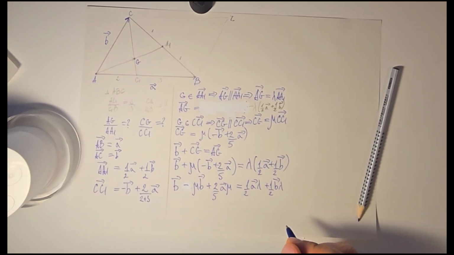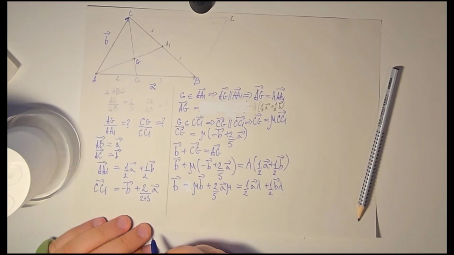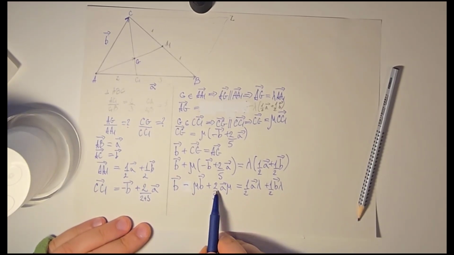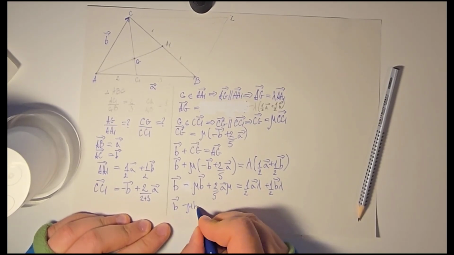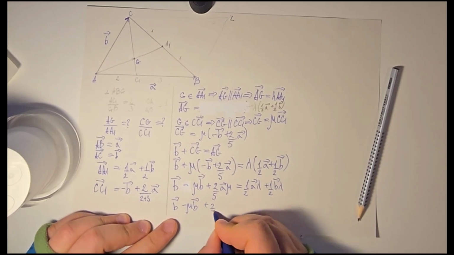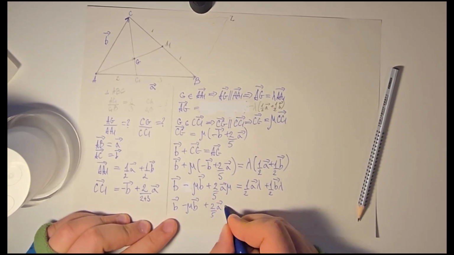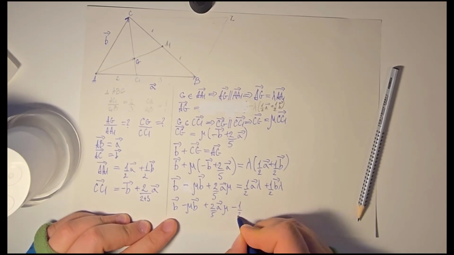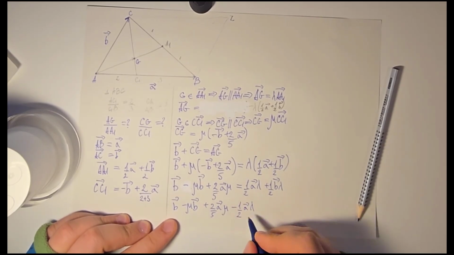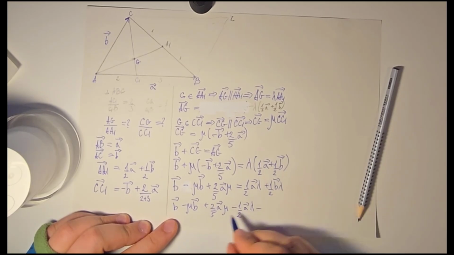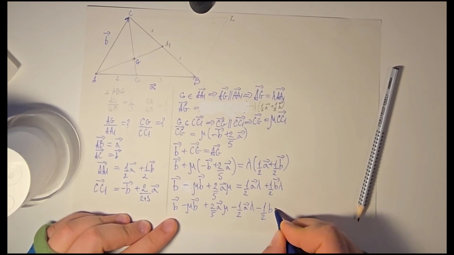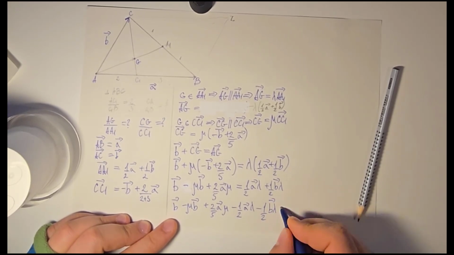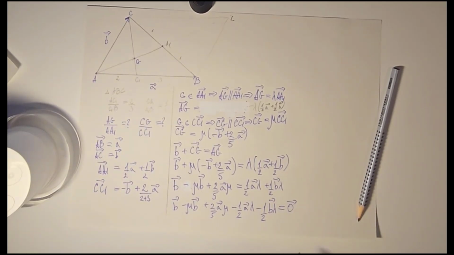So how do we write this thing? That's a good one. We would move this one to the left, so it would be B minus mu B plus 2/5 A mu minus 1/2 A lambda, and it will be minus because it goes to the left, 1/2 B lambda, and all this should be equal to the zero vector, like this.